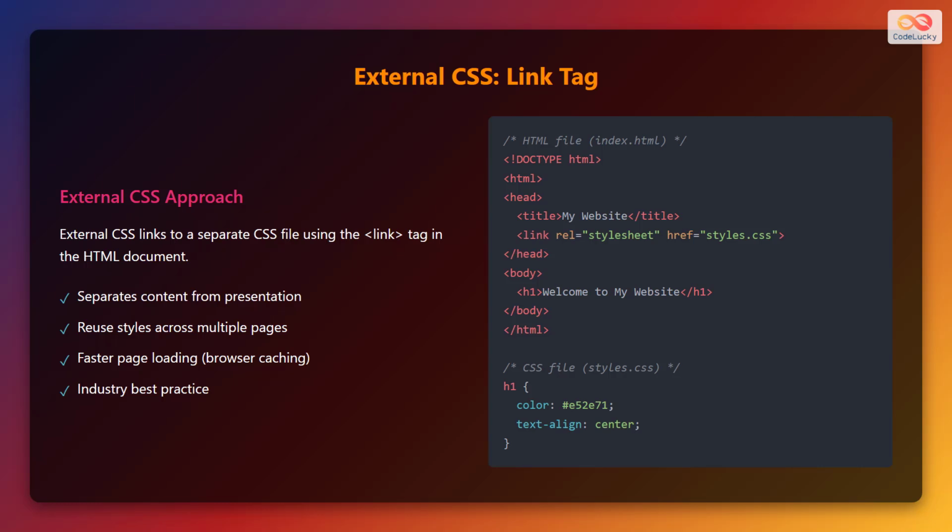Additionally, external CSS files can be cached by the browser, resulting in faster page loading times. Using external CSS is considered an industry best practice for web development. The code provides an example of external CSS, showing how to link a CSS file named styles.css to an HTML document using the link tag. It also demonstrates how to define styles for heading 1 elements within the styles.css file.